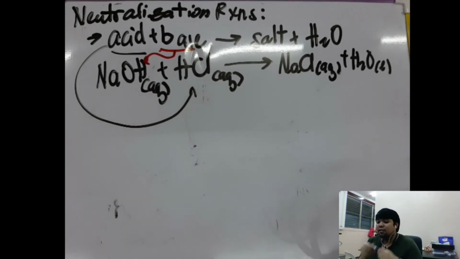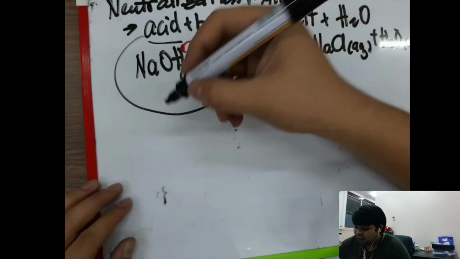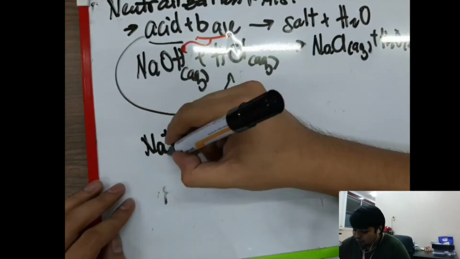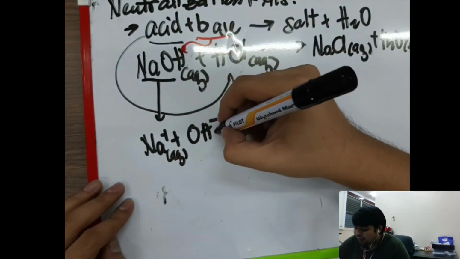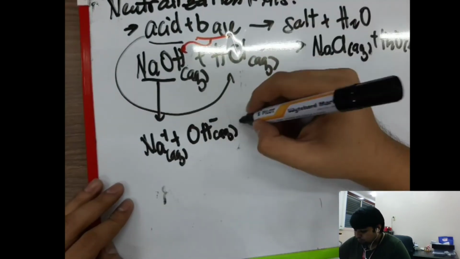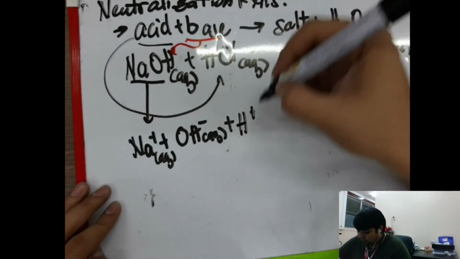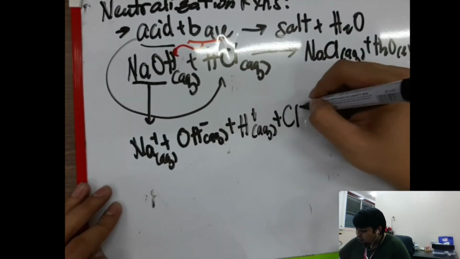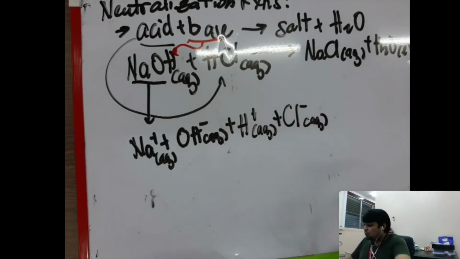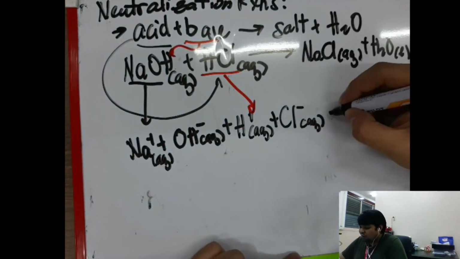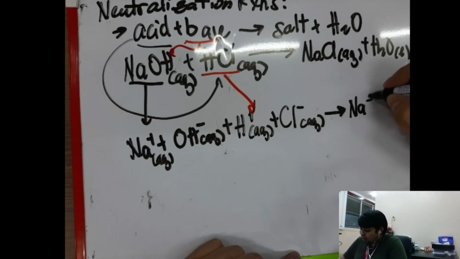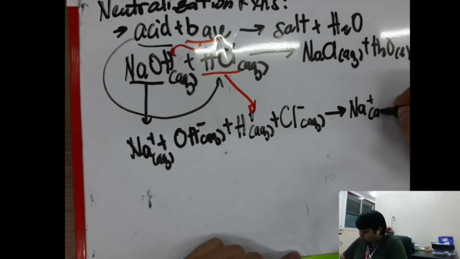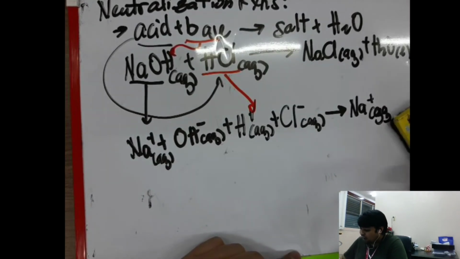Therefore, the complete ionic equation for this one is Na plus aqueous plus your hydroxide anion, since this will dissociate into sodium cation and hydroxide anion, plus H plus aqueous plus your chloride anion, which is a product of the dissociation of your hydrochloric acid, and they will react together to produce your sodium cation, since your sodium chloride completely dissociates in the solution, as we indicated in our previous example.